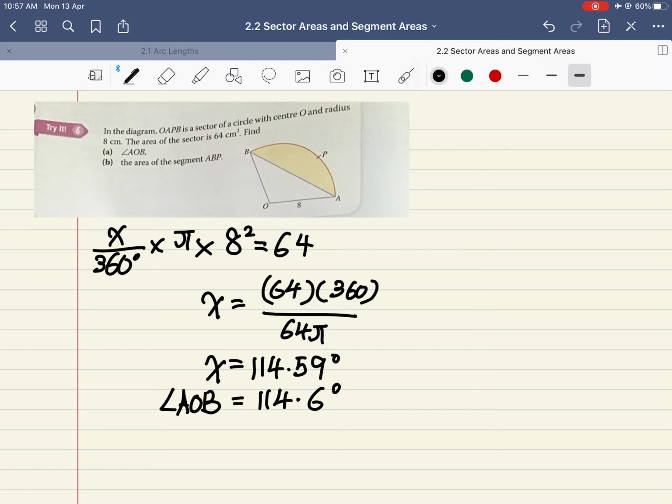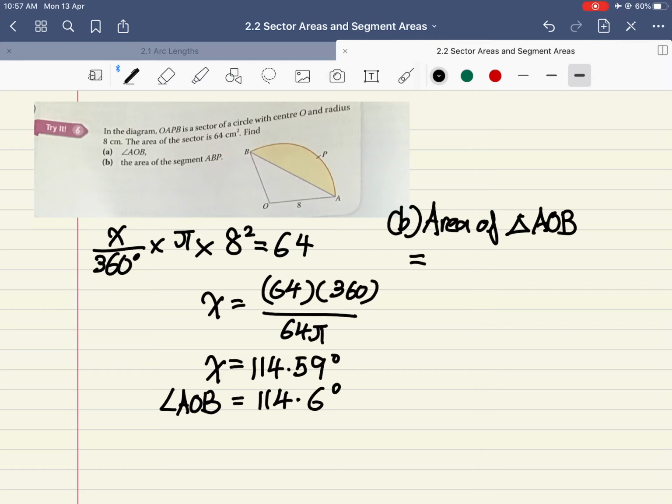Now, if you want to find the area of segment ABP, I already talked about what the segment is. So basically, in a nutshell, we're going to take the area of the sector minus the area of the triangle. Then what we are left with is the area of the segment. So let's just dive right into that. First I find the area of triangle AOB.